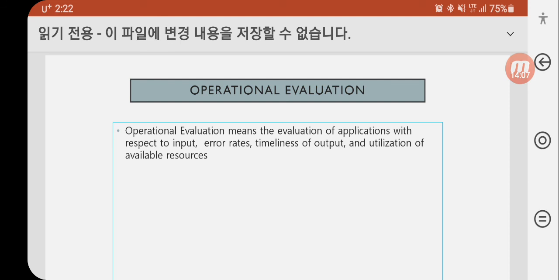Operational evaluation means the evaluation of applications with respect to input, error rate, timeliness of output, and utilization of available resources.